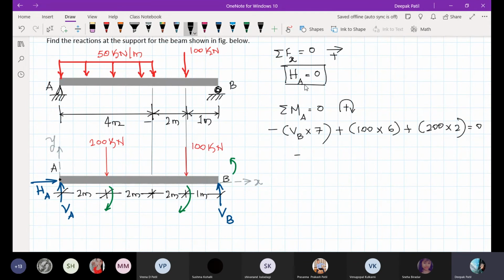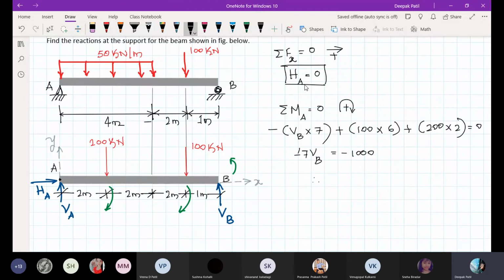So I can write minus 7 VB is equal to, so this is 600 and 400, which comes out to be 1000. If you take it on the right hand side, it becomes minus 1000.